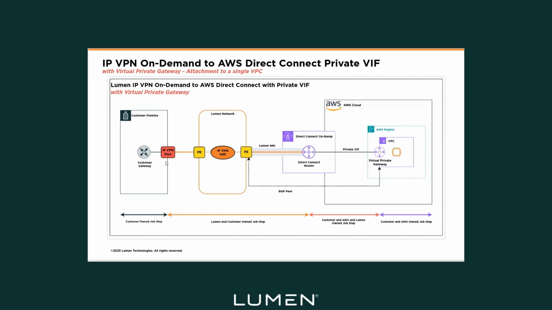Again, as a refresher, we created a connection from our VPN, our virtual routing and forwarding table, across the Lumen NNI into AWS. And then we created a private VIF and attached that to that virtual private gateway connection across this direct connect. And what we're going to do now is take that connection down.